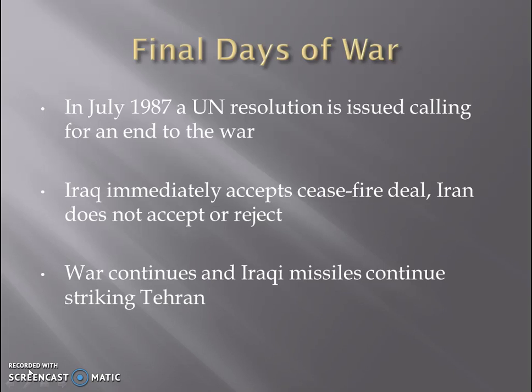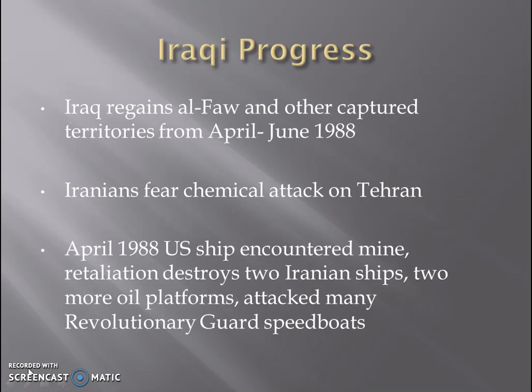In the meantime, Iraqi long-range missiles continue to strike Tehran and continue to break down the morale of the people. During this time, Iraq manages to regain all of the territories that they had lost, including, most importantly, the Al-Faw Peninsula. Through April to June of 1988, they were able to regain everything, and so now the borders sit as they were prior to this war even starting.